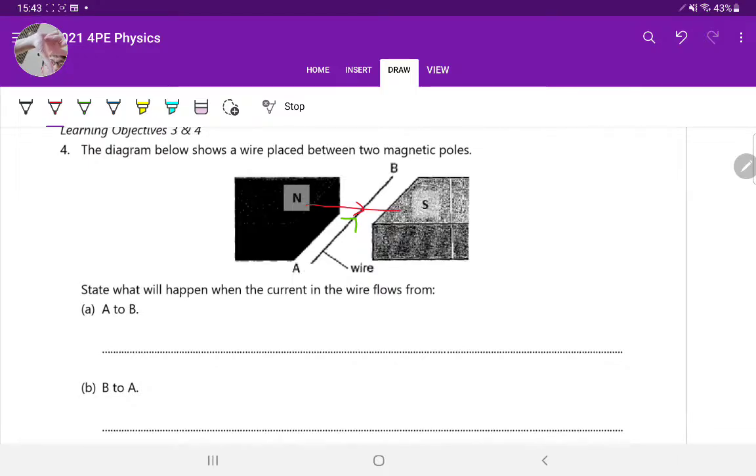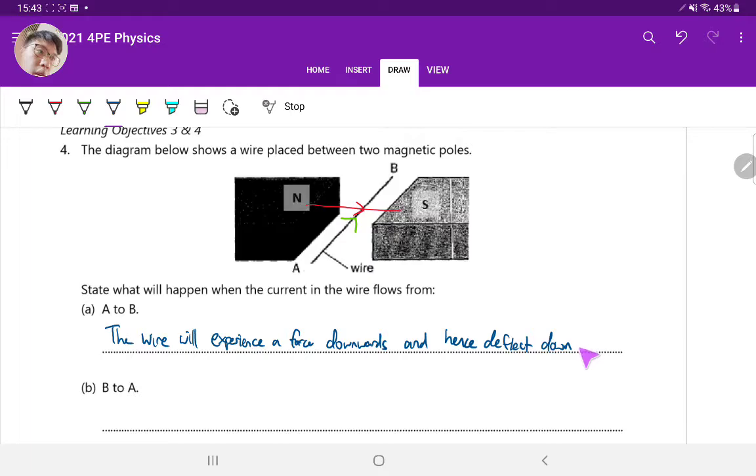The wire will experience a force downwards and hence will deflect downwards.